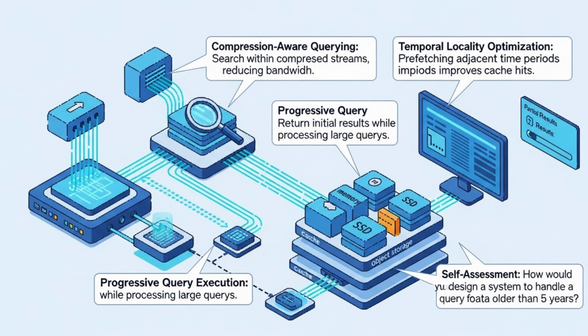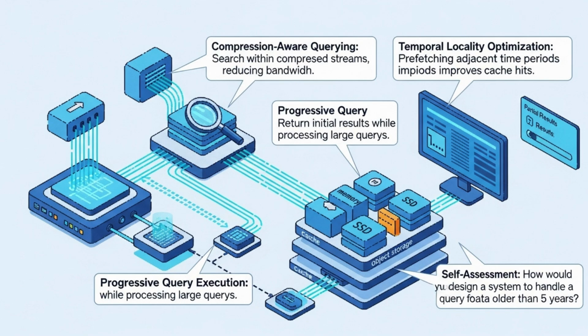Now, let's look at some advanced techniques and real-world patterns that make these systems truly shine. First, compression-aware querying. Instead of fully decompressing an entire archive to search, advanced systems can actually search directly within compressed streams.